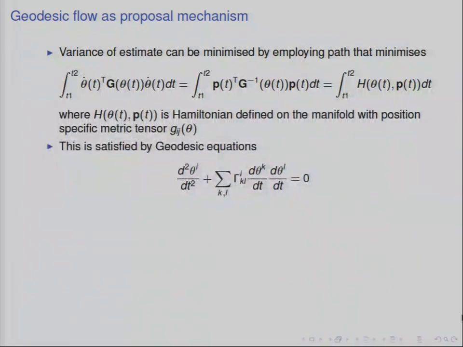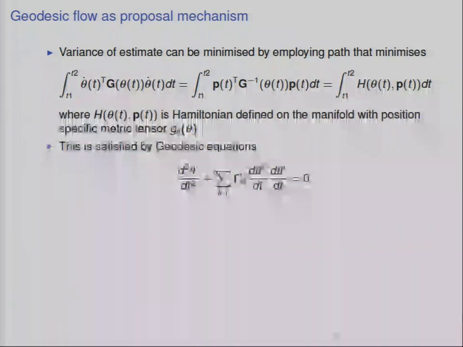And it turns out, and I won't leave this as an exercise because it's quite difficult, that to define the path theta t which optimizes this here, we need to solve this system of equations, and we minimize this here.